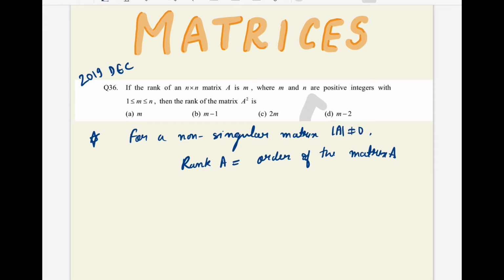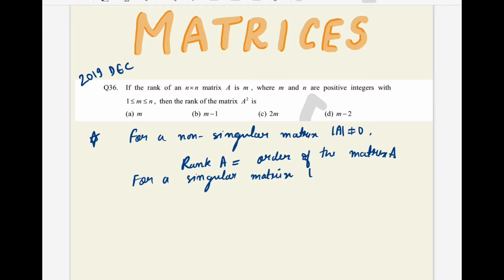Now another thing: for a singular matrix, what will happen? It will be some rank, but less than the actual order n.